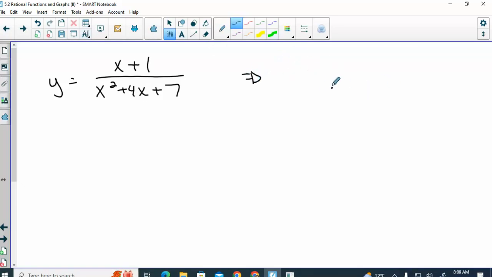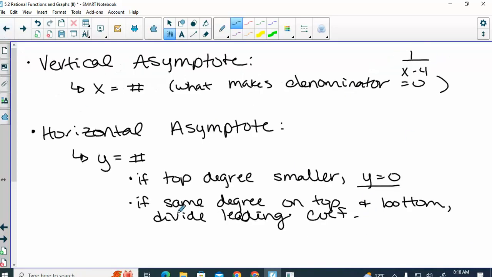It has to do with division. This means you are going to take the top and divide it by the bottom. Okay, when we do long division, can you do x squared times something and just get an x to the first? No, it doesn't work out. So it's a 0 when you try to divide them. So that's why if the top degree is smaller, it's an automatic y equals 0. It has to do with the long division.